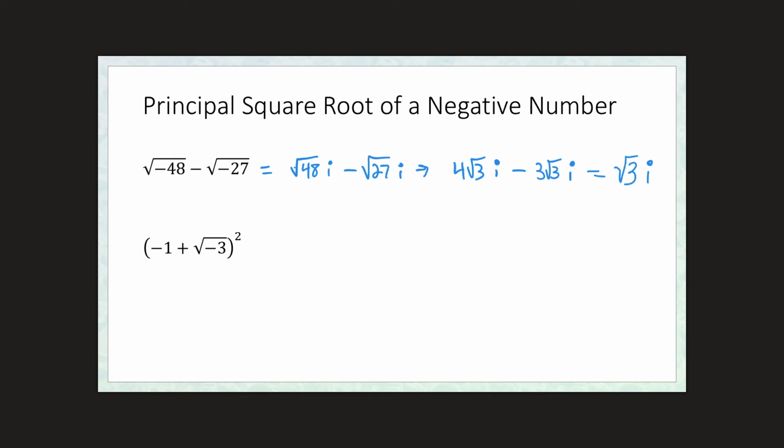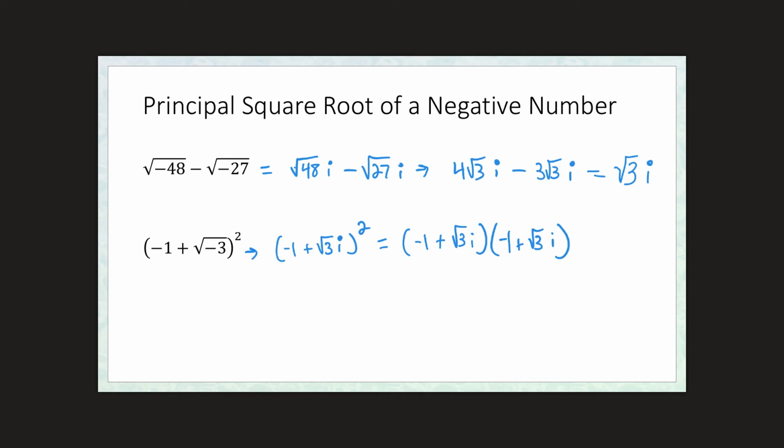Okay, now let's square negative 1 plus the square root of negative 3. So the square root of negative 3, I'm not going to mess around with that until I rewrite it in terms of i. So negative 1 plus the square root of 3 i, and that will be squared. And that equals negative 1 plus the square root of 3i times itself, negative 1 plus the square root of 3i.